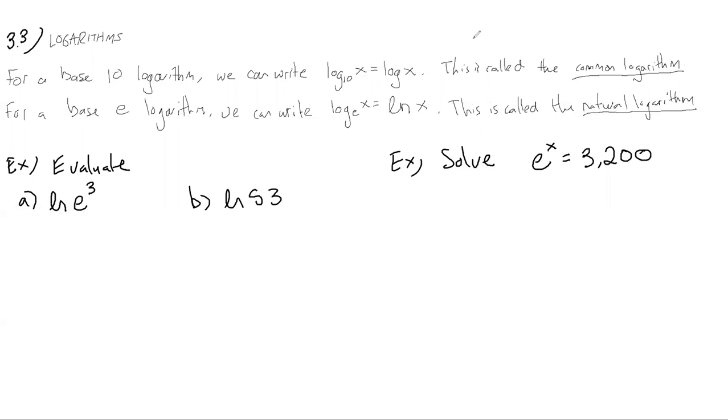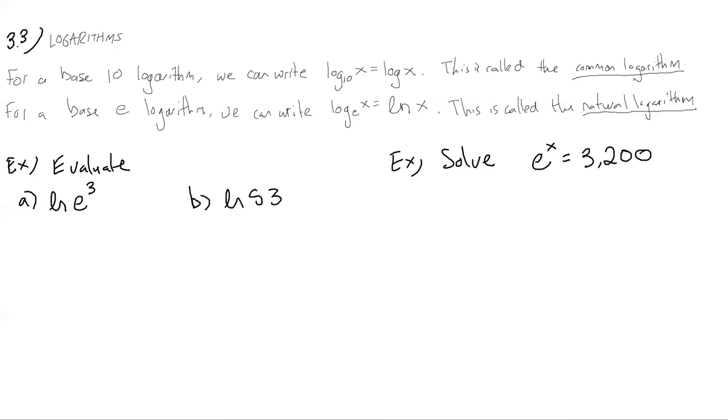Things just work better with it, essentially. There will be lots and lots of applications with the log base e because most applications will actually use base e exponentials. I just don't want to get into them yet because they take a little bit of explaining, and there's a whole section for that later.